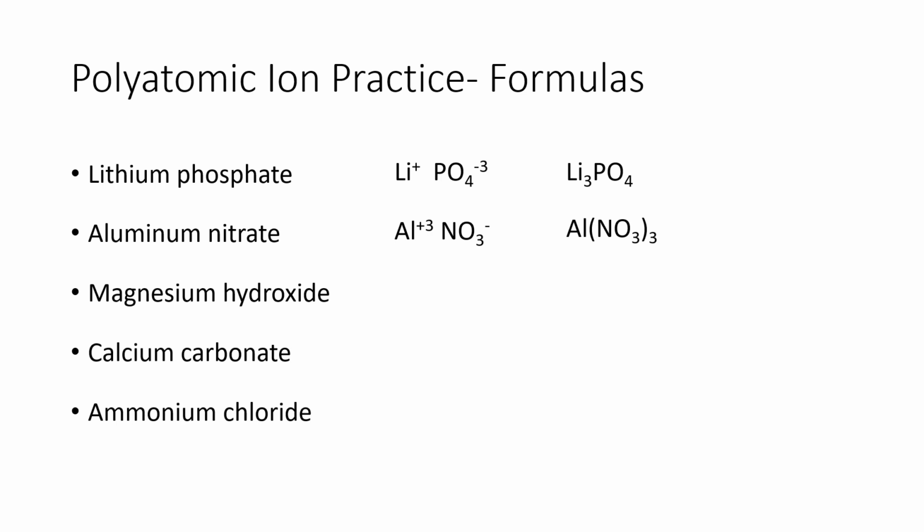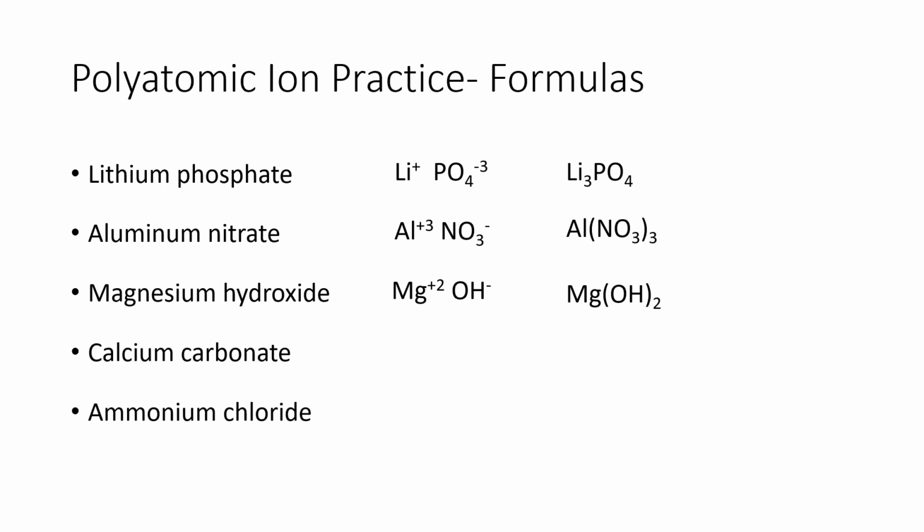For magnesium hydroxide, magnesium is Mg with a positive 2 charge. Hydroxide is OH with a negative 1 charge. Remember, crisscross your charges, and you want it to look like you have 2 hydroxides, not 2 hydrogens, so don't forget your parentheses to make Mg(OH)2. For calcium carbonate, calcium is Ca with a positive 2 charge.